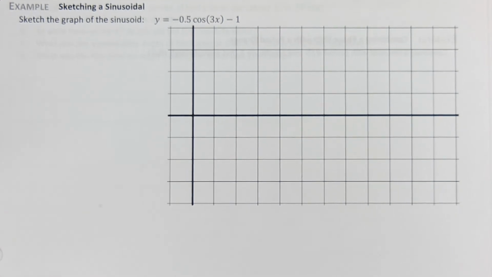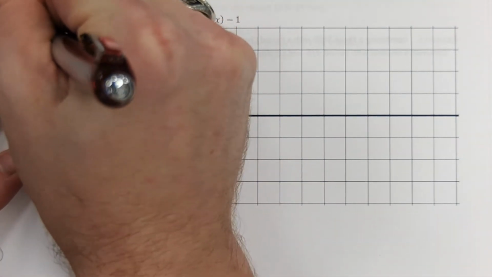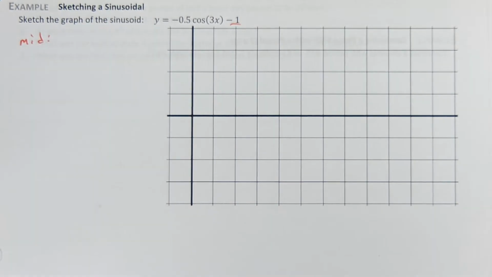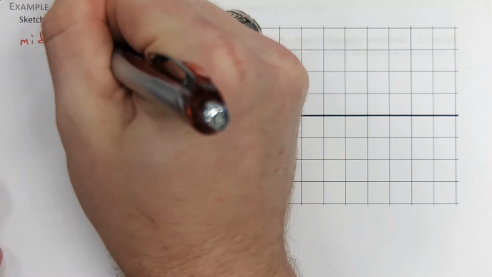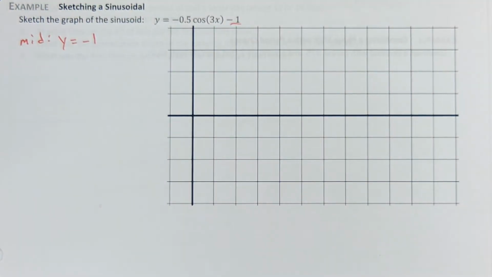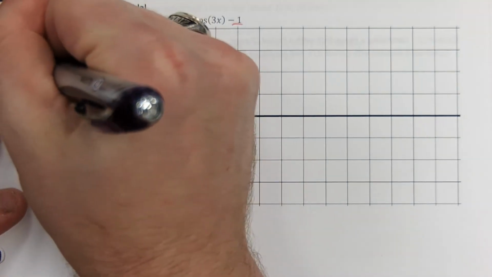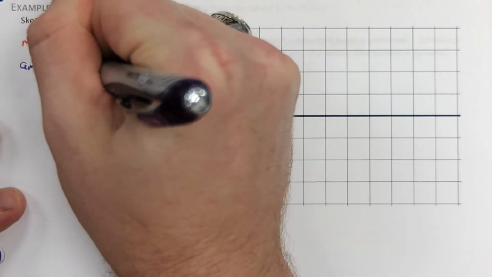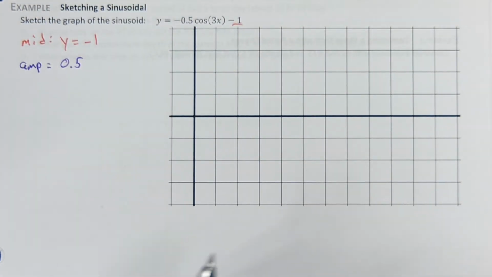A negative cosine wave. First things first, I always track down midline. It's going to be this number at the end. Y equals -1. Now my amplitude, well, the amplitude's 0.5. That means we're going to go 0.5 up from -1 and 0.5 down from -1.